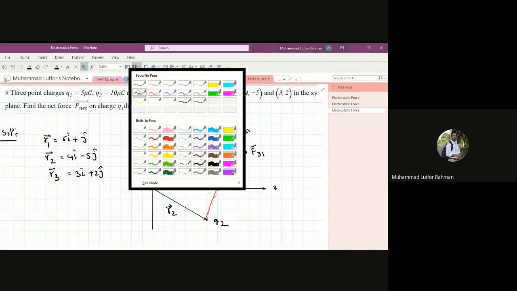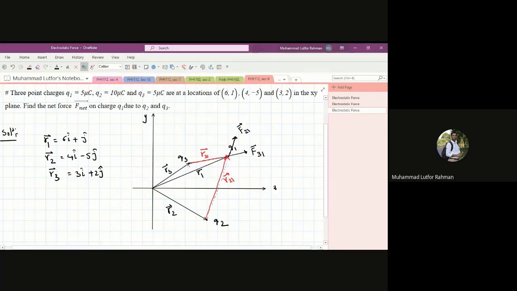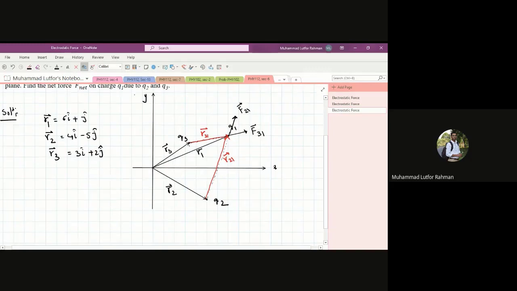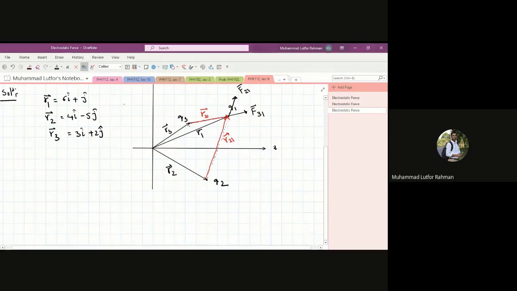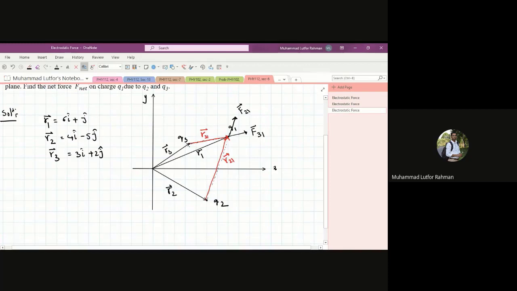So now what I'm going to do, I have to find out R31 and R21 also. First I'll find out F31, right? If I write down the force F31, it is K Q1 Q3 divided by R31 cubed, into the R31 vector.